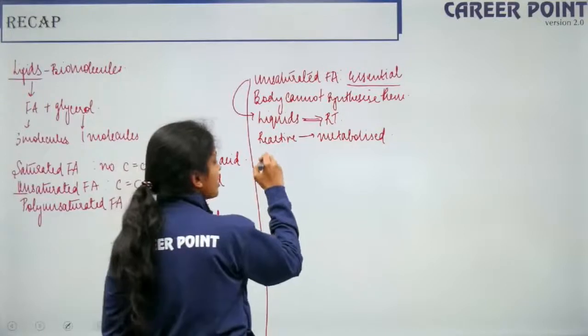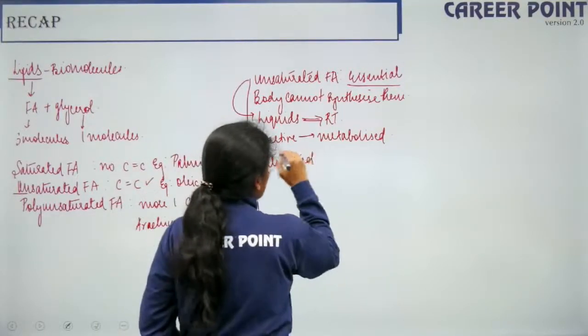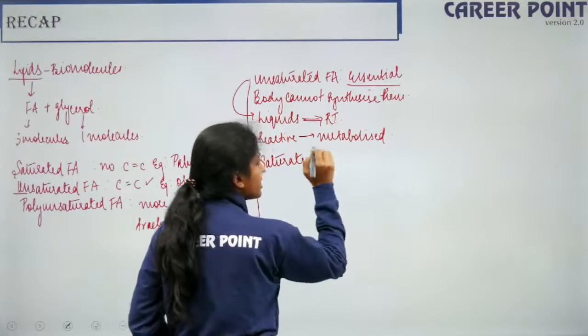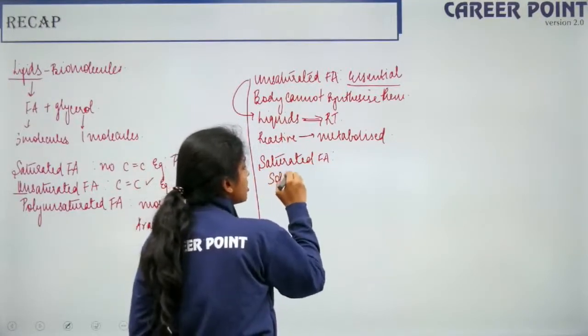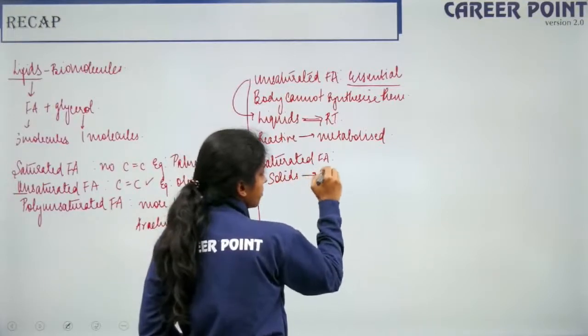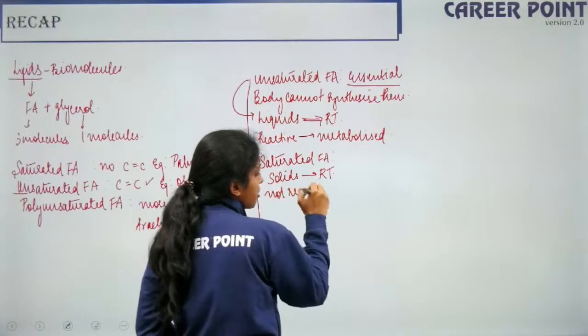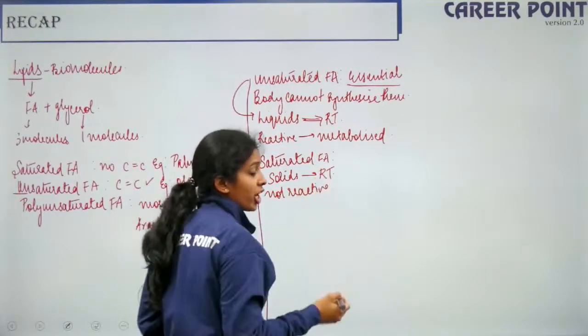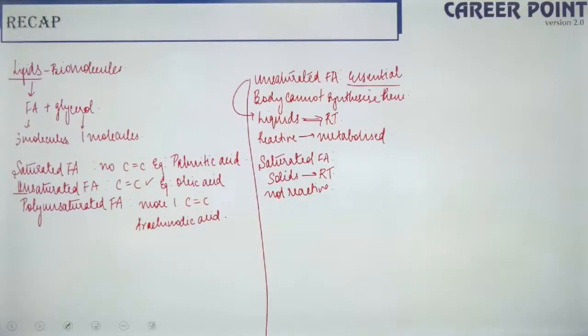Whereas saturated fatty acids are exactly the opposite. Saturated fatty acids are non-essential because your body can synthesize them, and they appear as solids at room temperature. They are not reactive, so they get deposited wherever there is space. So it causes fats, it causes obesity. Alright, so with fats, are we clear?